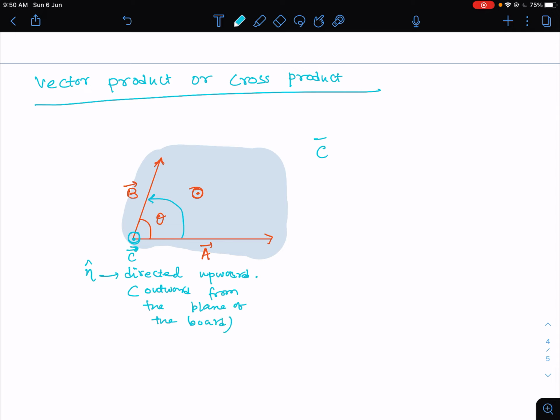Then the cross product C is denoted by A cross B. By the way, the cross product is a vector because it has magnitude as well as direction.